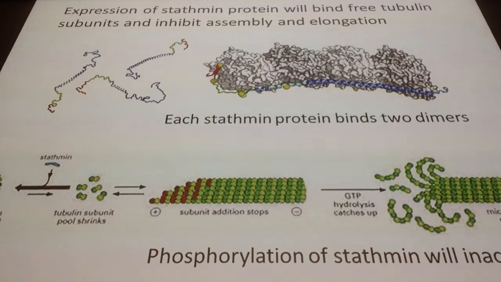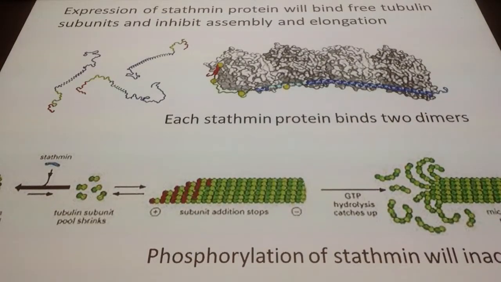And in that case, free GTP bound alpha and beta tubulin can be used for polymerization. How do you free the tubulin from stathmin? By phosphorylating stathmin. How do you regulate the phosphorylation of stathmin? By regulating the kinase that phosphorylates stathmin, either by increasing or decreasing expression, and or by regulating the activation and inactivation of the particular kinase.